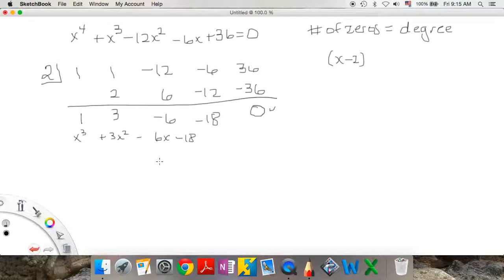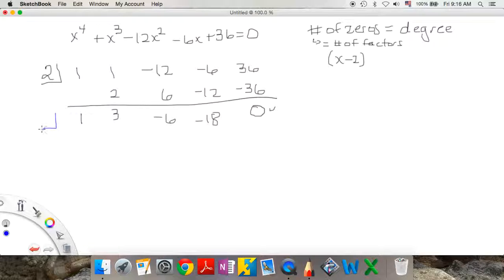I need to keep going though because I want all of my factors, because the number of zeros is the degree and it's also the number of factors. We're just going to keep this in the same line because it's easier.